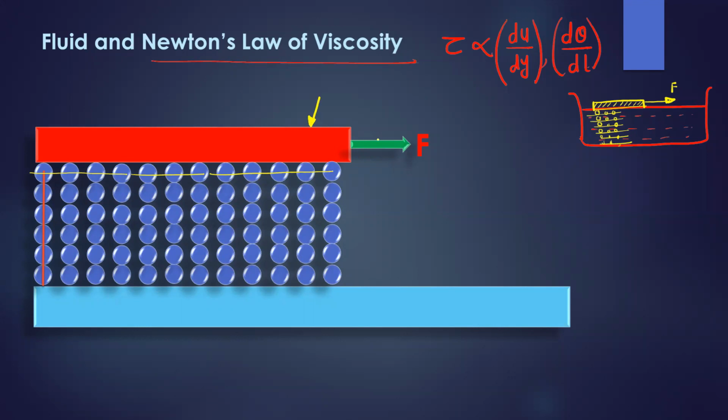When we apply the force F, this plate will start moving with some velocity, which we will assume to be a constant velocity V. The layer or the particles of the fluid which are in contact with this plate will have the same velocity, so they will start moving with the velocity V. And gradually this velocity will go on reducing up to the bottom plate, which is the stationary plate.